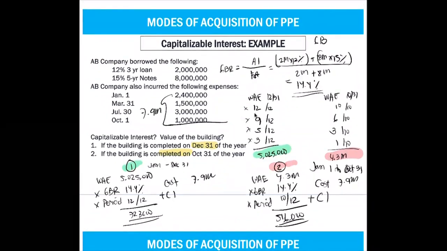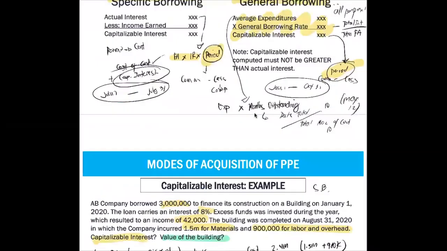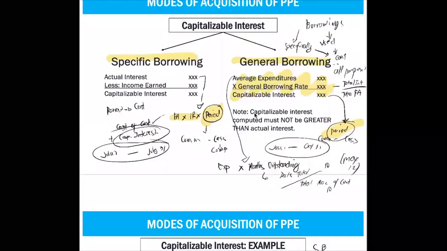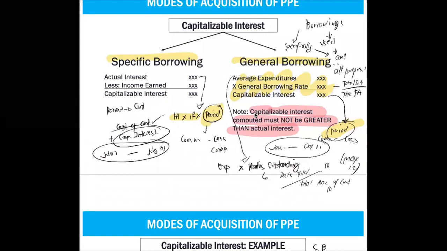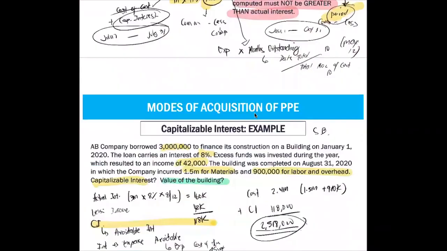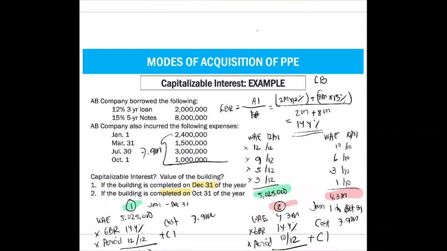Take note guys, for general borrowing, for capitalizable interest, it must not be greater than the actual interest. It must not be greater than the actual interest. Therefore, we must compute first for the actual interest. So what is the actual interest here?